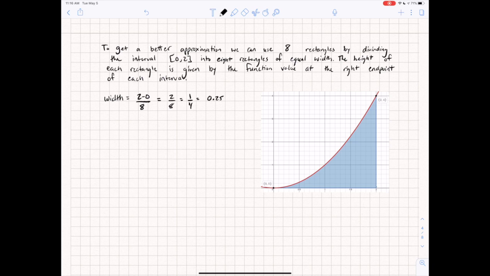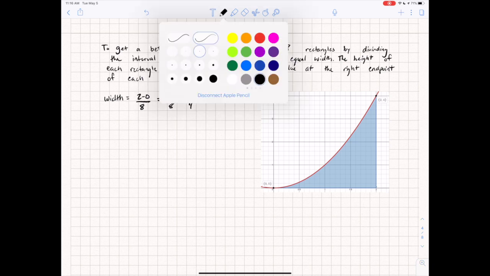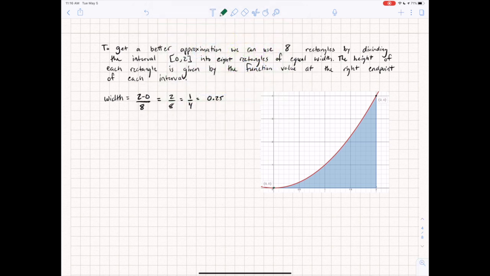So if I come over to my graph, I'm going to draw my strips. So starting at 0, the next strip would be at 0.25, so halfway. So here, really, really tiny rectangle. The next one would be another 0.25, so 0.5. Then the next one would be 0.75. Then 1.